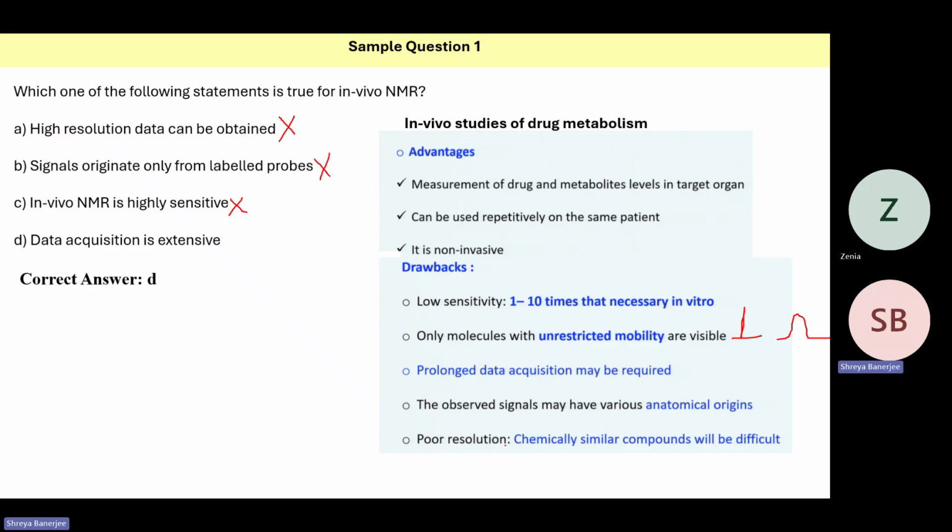And resolution is poor, that we have already discussed. So the data acquisition needs to be extensive. That is this point. Data acquisition is prolonged because you are having low resolution, low sensitivity, line broadening. In order to make up a little bit for all these, the data acquisition needs to be taken for a longer time. So option D is correct.